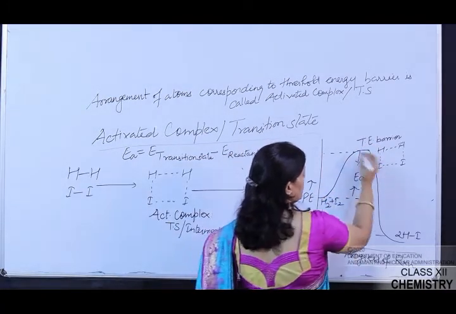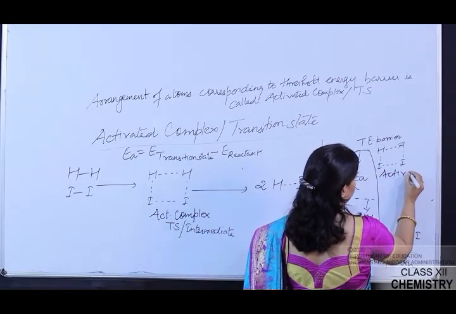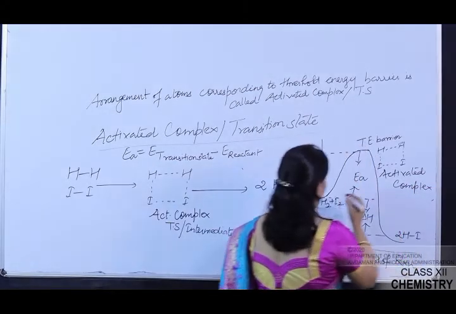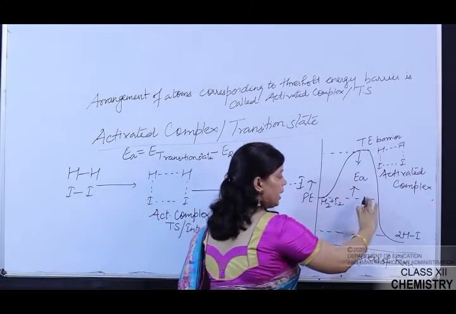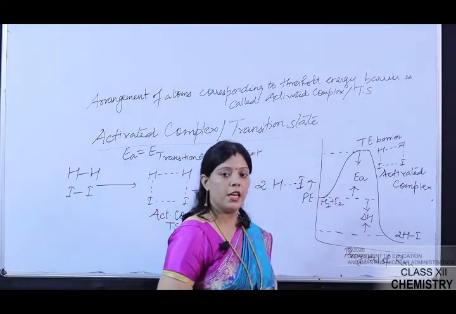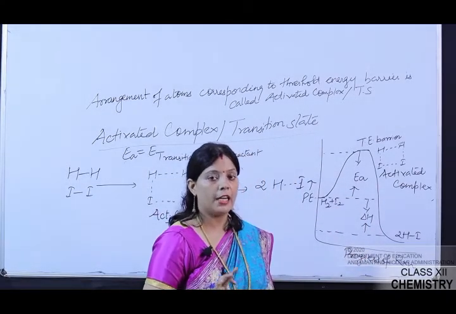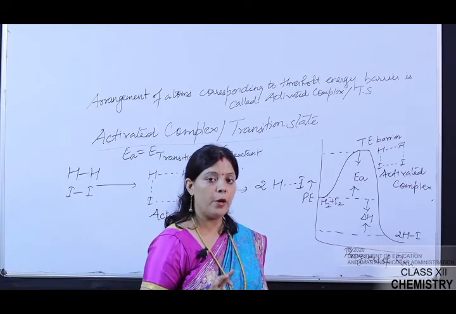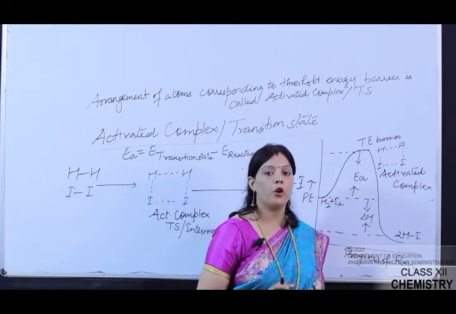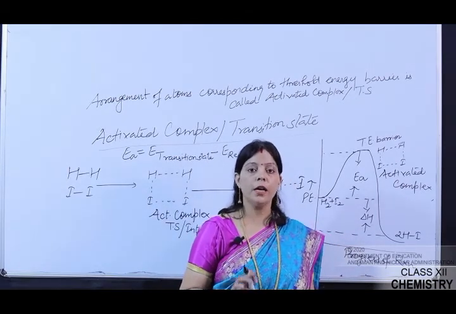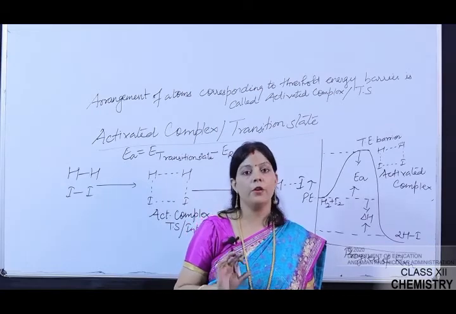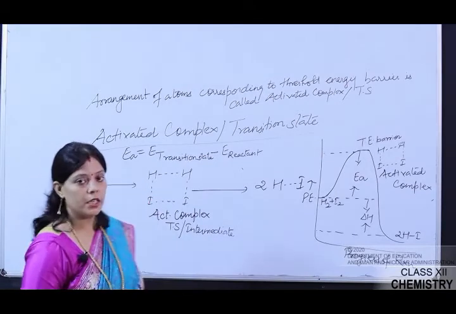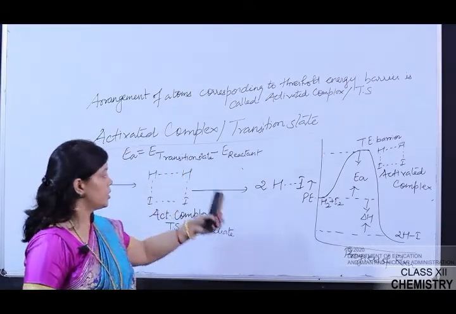This is the transition state, this is the activated complex, and this is the energy of the reactant, and this energy is the difference in the energy of reactant and product at a given constant temperature and pressure, which is also named as the enthalpy of reaction, and that particular amount of energy is evolved during the chemical reaction when the reactant is converted into the product. So in this way we can calculate the activation energy by subtracting the energy of the reactant from the energy of the transition state.